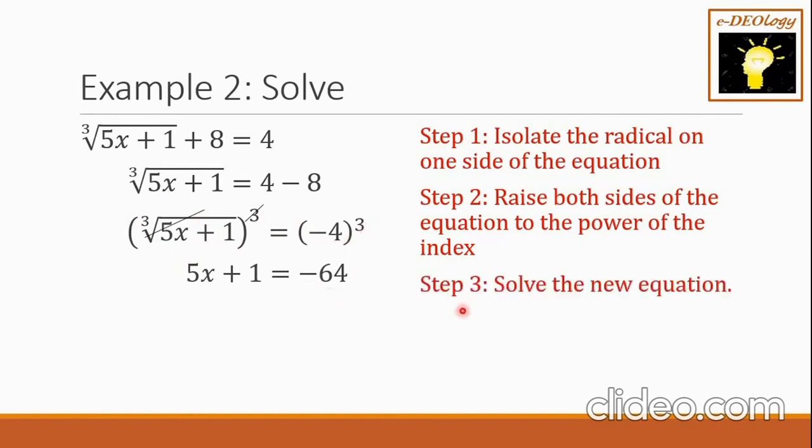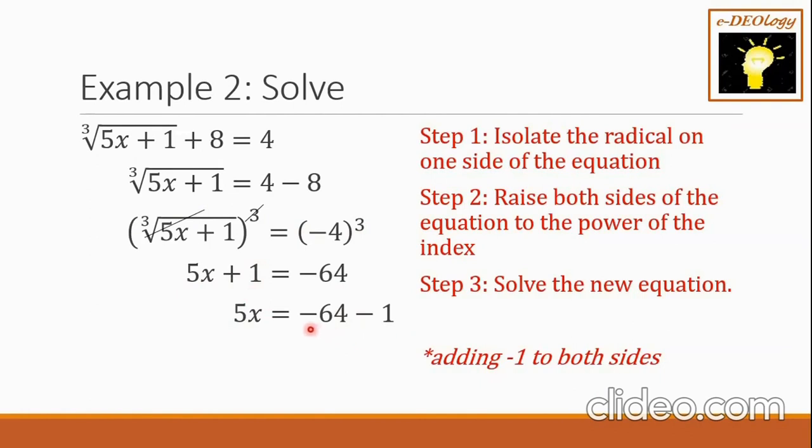So we're going to solve the new equation, solving for x now. The positive 1, we're going to transpose to the other side. So the negative 1 is there. Or we say we add negative 1 to both sides. On the left side, the positive 1 cancels out. On the right side, the negative 1 is reflected.